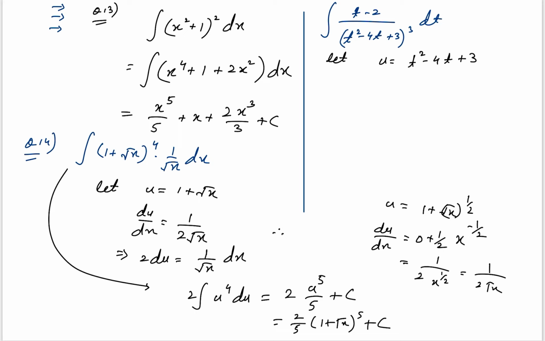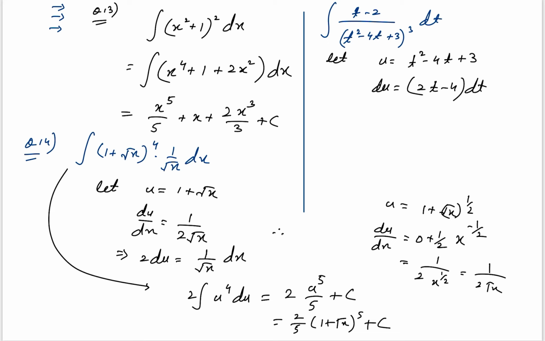Why did I take t square minus 4t plus 3 as u? Because there is a power on it, right? So I will try to substitute that value in the integration which is under some power. So this is u. So now du will be equal to 2t minus 4 whole dt, right?